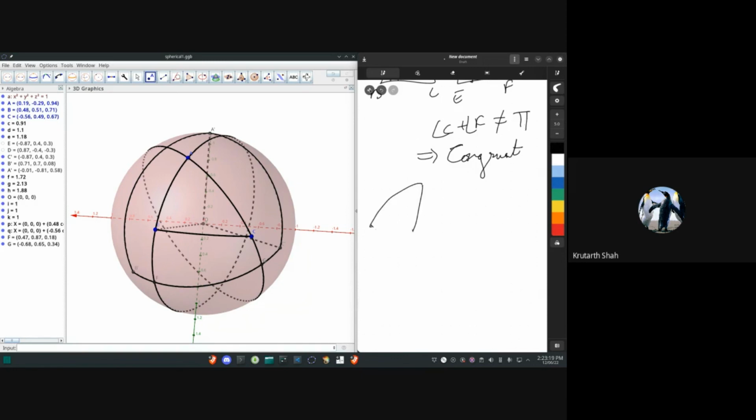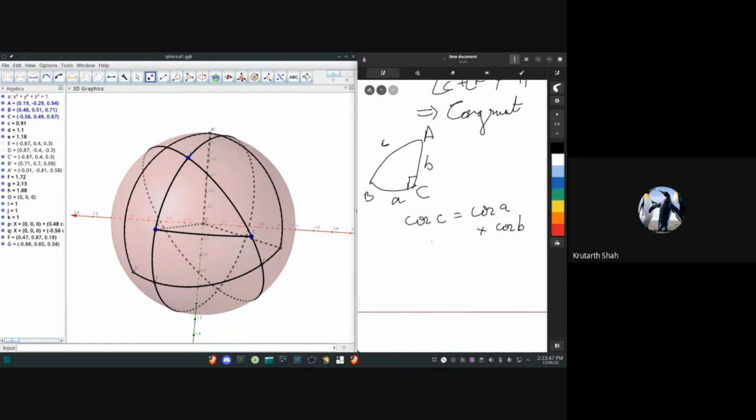For example, in a spherical triangle with a 90 degree angle, and this is A, B, and C, you have cos C equals cos A times cos B. These are the sides, by the way. Sides are just angles in spherical geometry. This is the spherical Pythagoras.